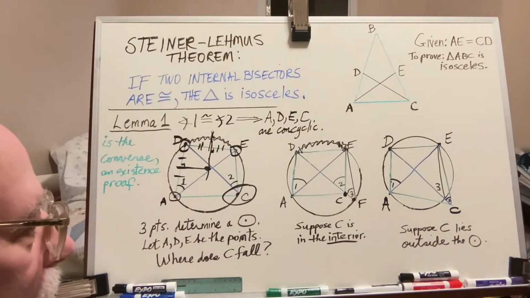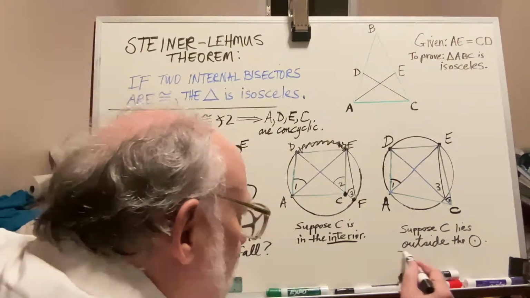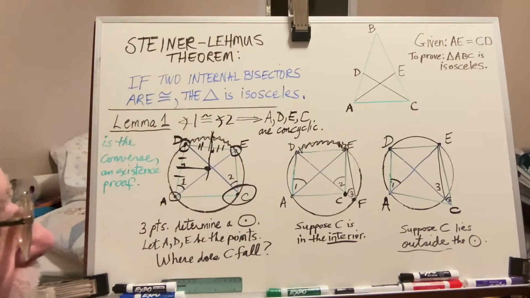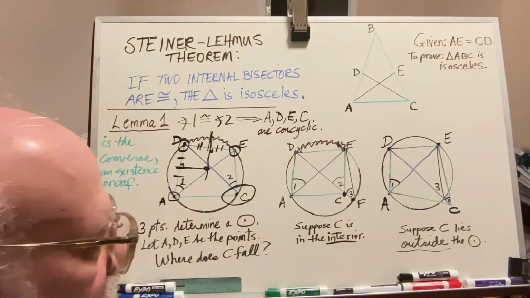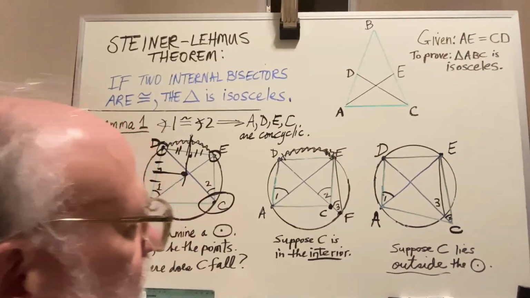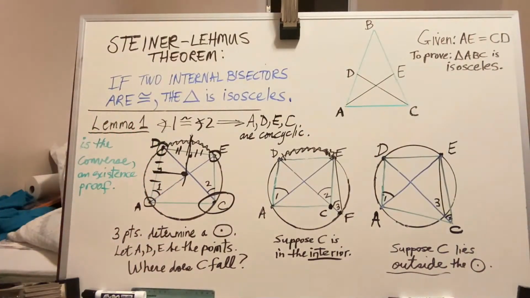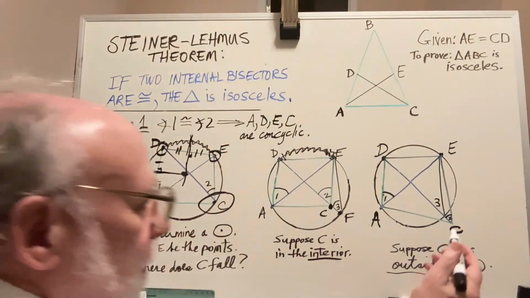And now we suppose that C is outside the circle. When we see that C is outside the circle, C is going to fall outside the circle.